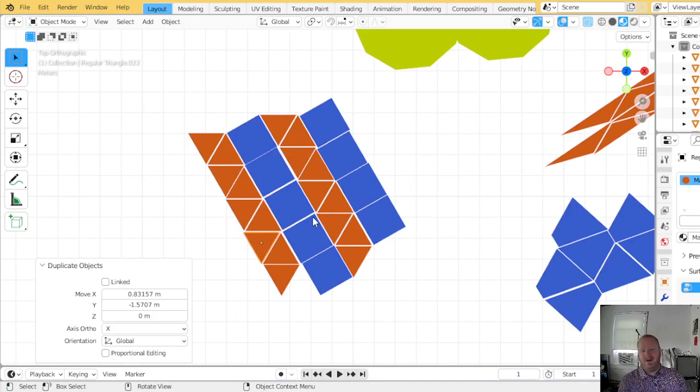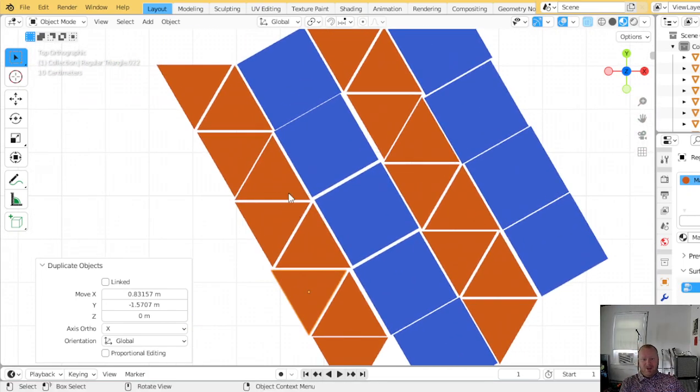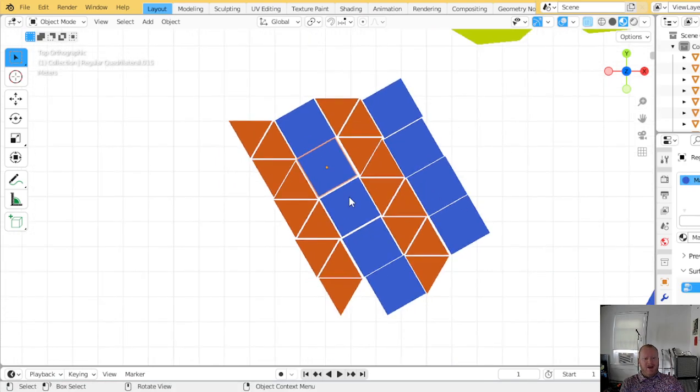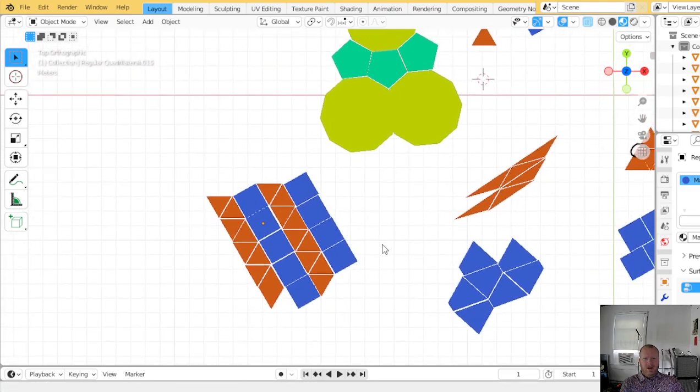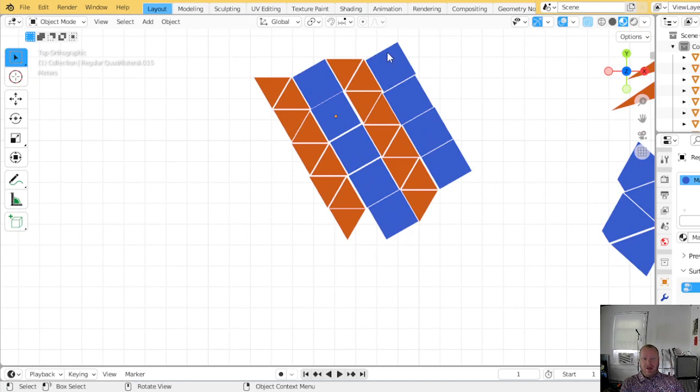That pattern can continue as long as we need it to, and we're not going to run out of room. And if we look at each vertex, we can see that we've got 3 triangles and 2 squares. That's true at every vertex. So this would be an example of a semi-regular tiling.